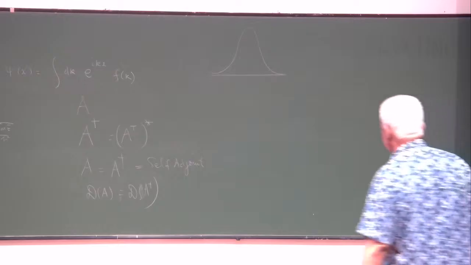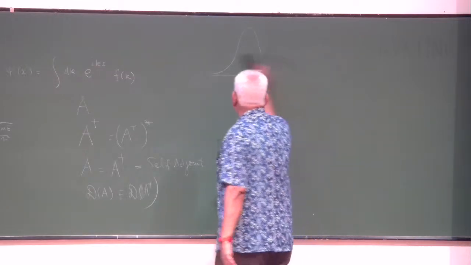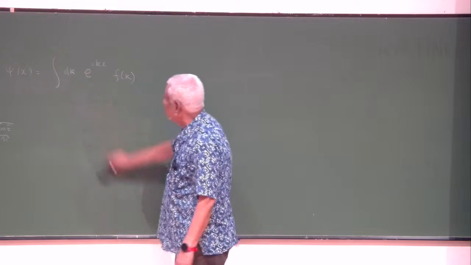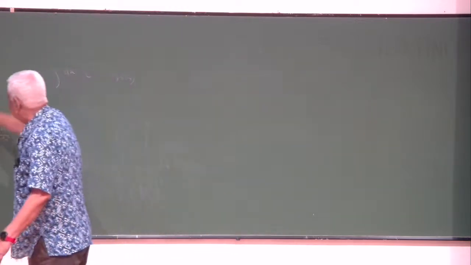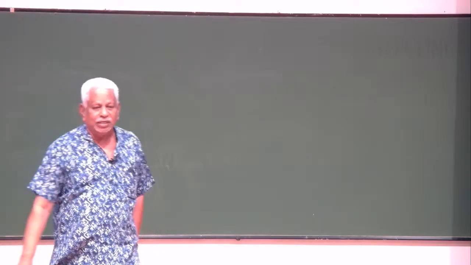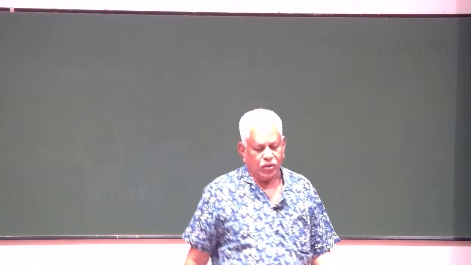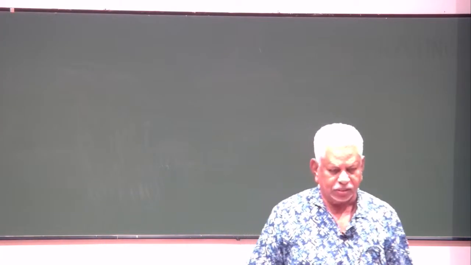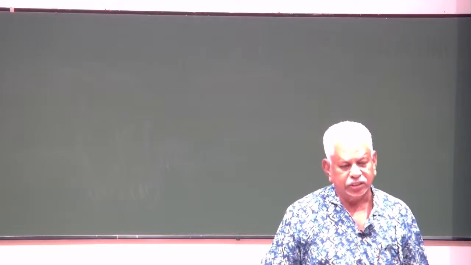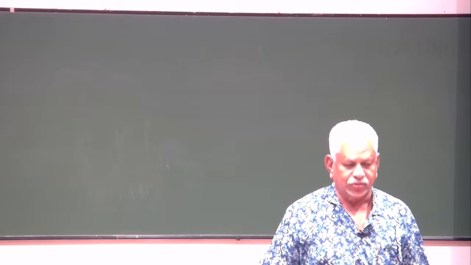Now, given this, my problem for this exercise: for this potential, which is minus g delta of x, find out the energy eigenvalues if there are any.